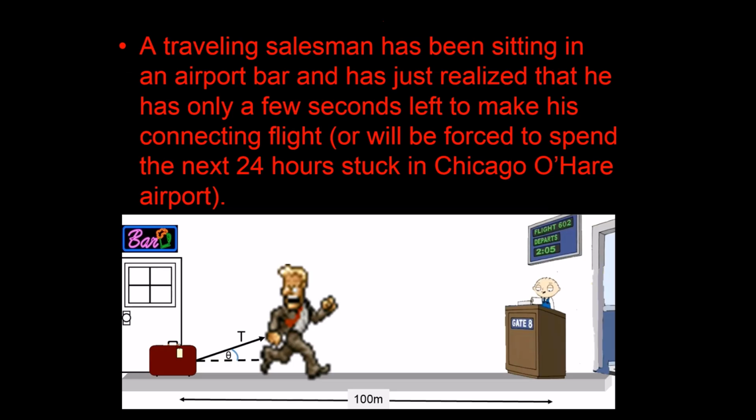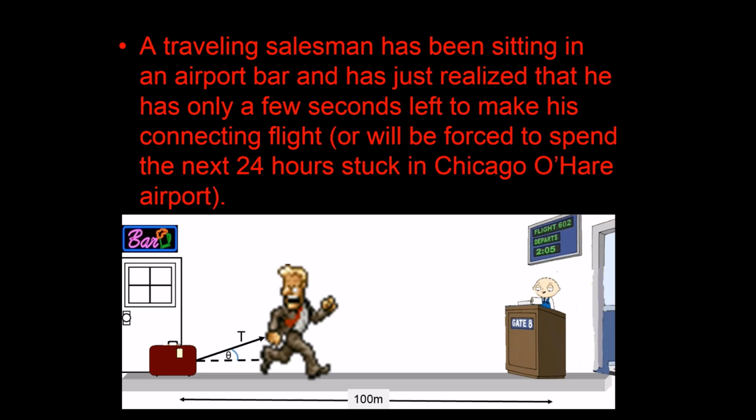Let's take a look at another problem. This is based on some personal experience being projected onto the salesman. A traveling salesman has been sitting in an airport bar in Chicago O'Hare Airport, an airport that's very difficult to get out of in the winter, as I found by personal experience.